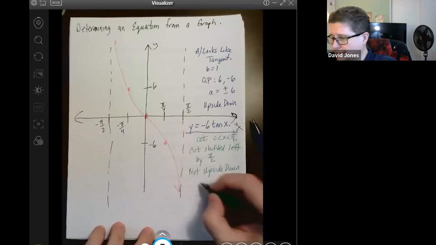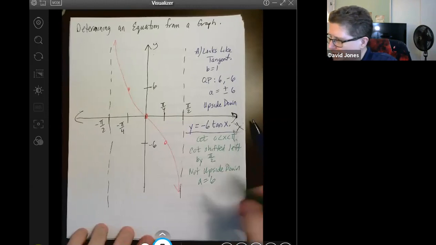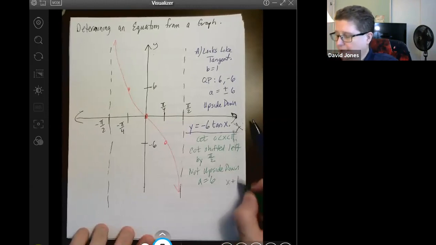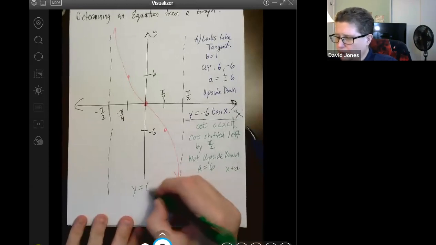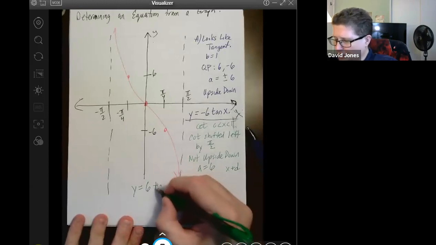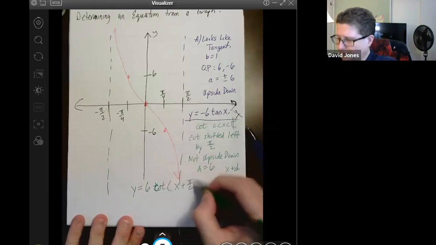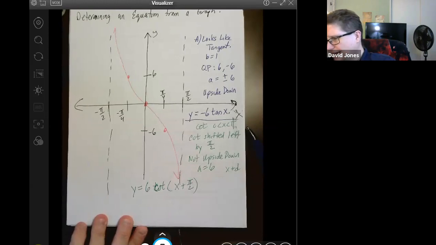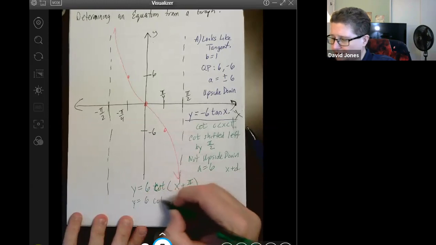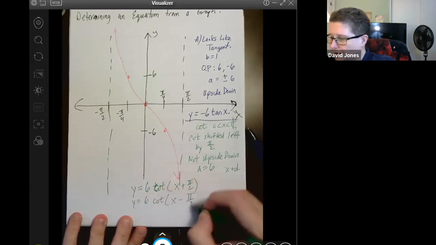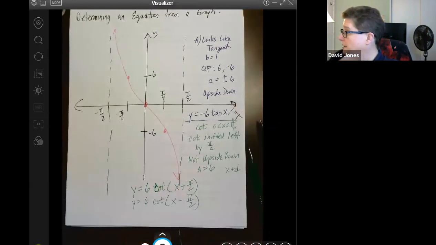So A is going to be positive 6. And a shift left means we have an x plus d. So this could be y equals 6 cotangent of x plus pi over 2. And conveniently enough, if we shifted it the other way, it could also be 6 cotangent of x minus pi over 2. That would just be the next asymptote over here. Okay?